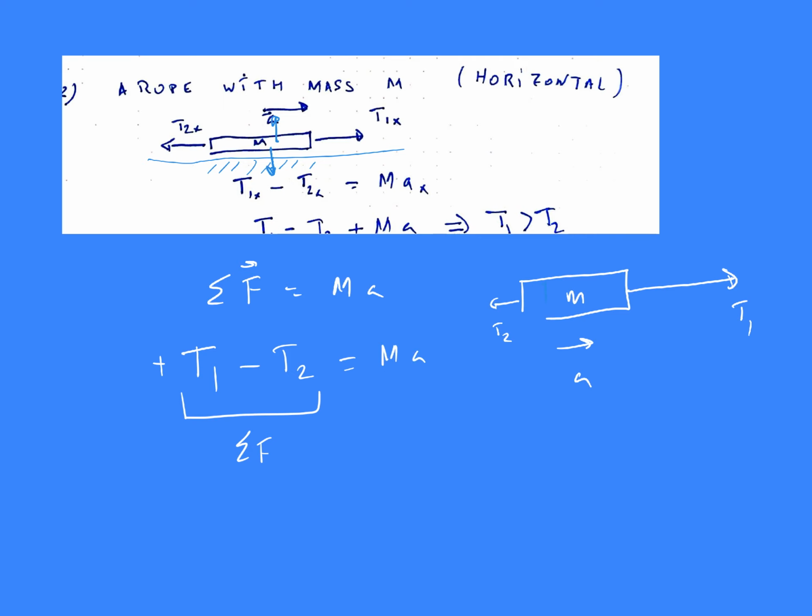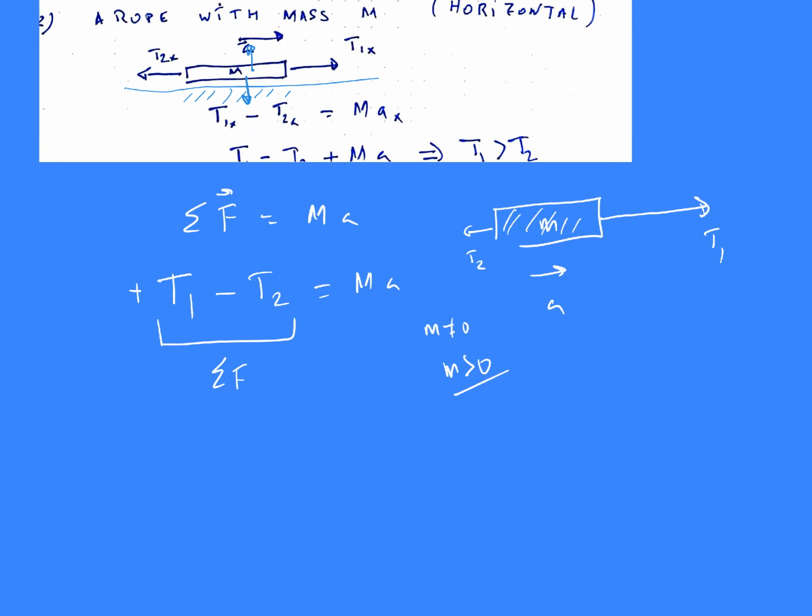Okay, so in this case, this is not a rope, this is an object of mass different than zero. Its mass is positive. So what this problem says is that T1 is equal to T2 plus MA. What it says is that T1 is bigger than T2 by the amount of MA.